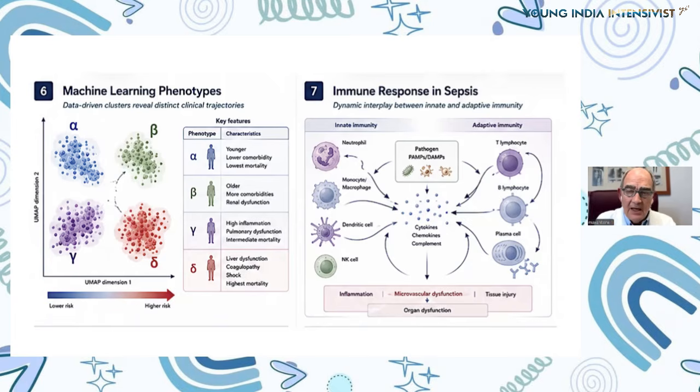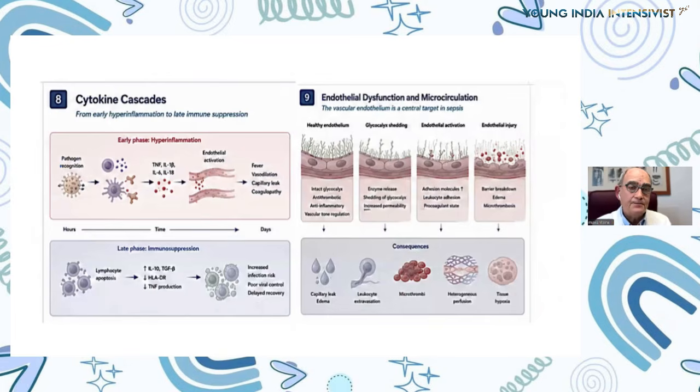In that case, it is induced by the therapy; in this case, by the natural evolution of the sepsis syndrome. But for sure, the microvascular dysfunction, together with inflammation and tissue injury, translates into organ dysfunction.